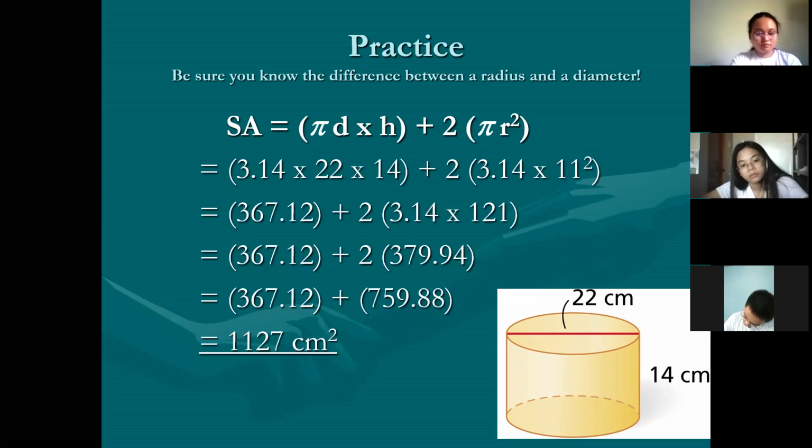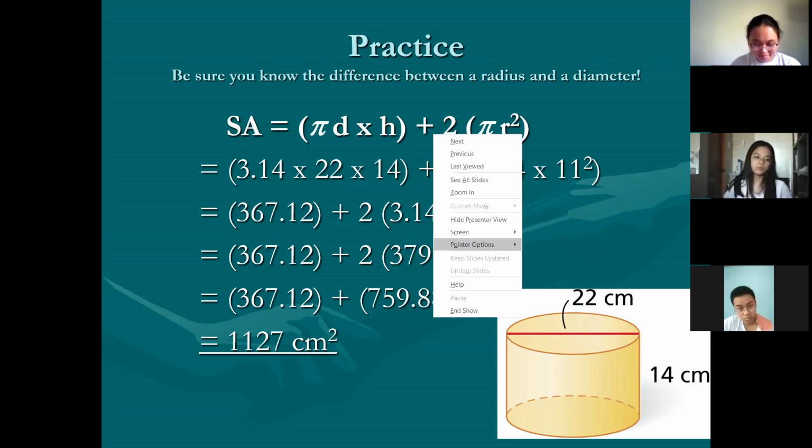Here, I think that is why my answer is wrong. I think this is wrong. I'll multiply pi times 22 times 14. 3.14 times 22 times 14 is supposed to be 967. So this is the part that is wrong.